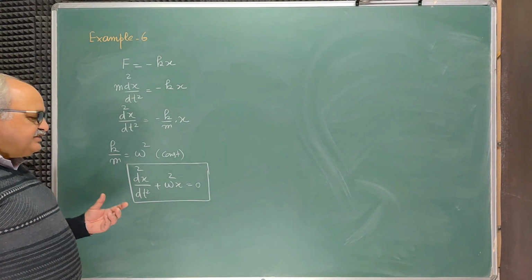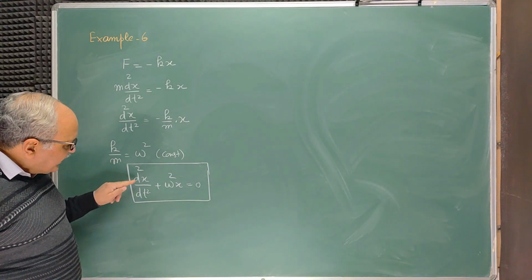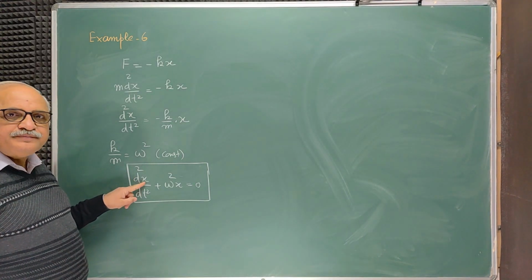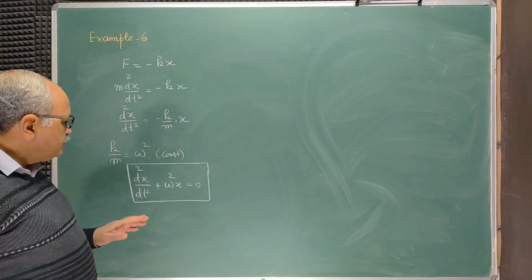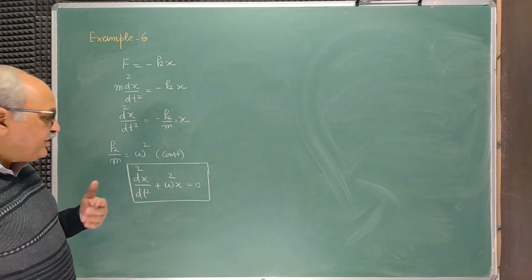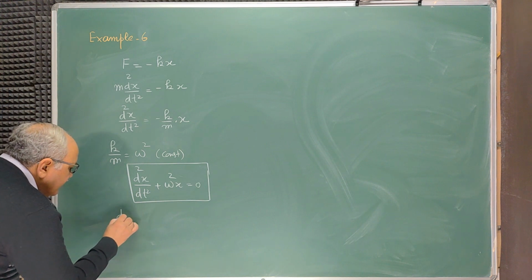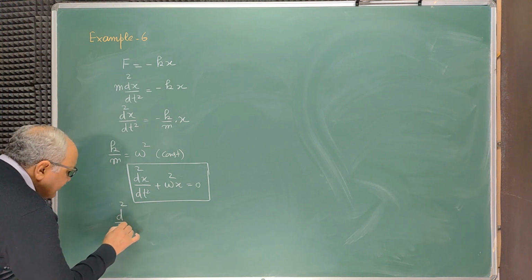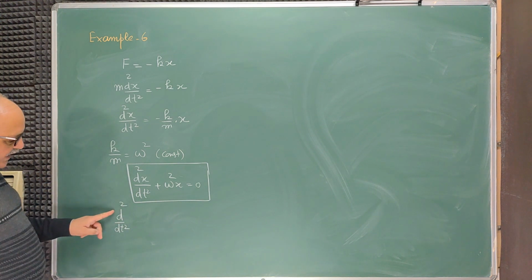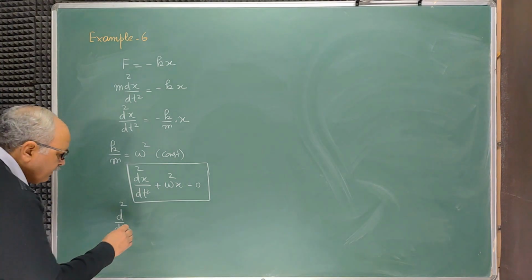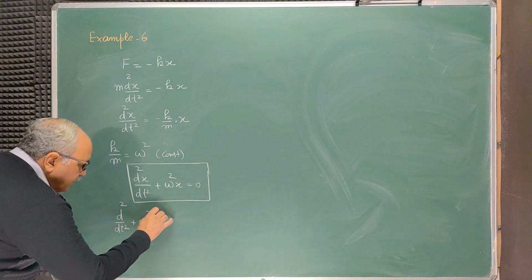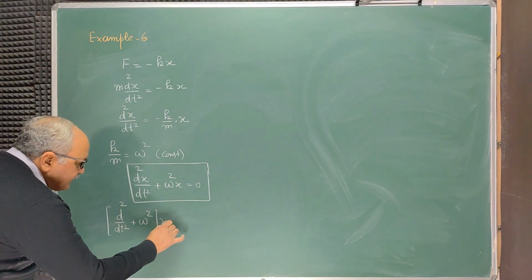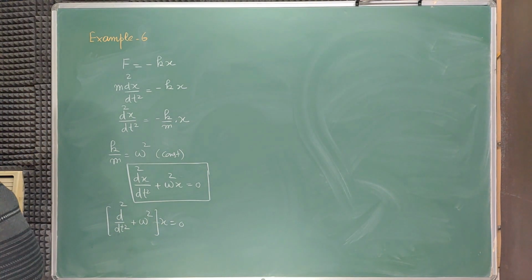We can look at this as the second derivative operating on x, and here we have a constant multiplied with x. So we can write it as an operator equation this way. Take this operator d square over dt square, which will give you the second derivative with time, plus omega square, and that is to be operated on x, which will give you 0.